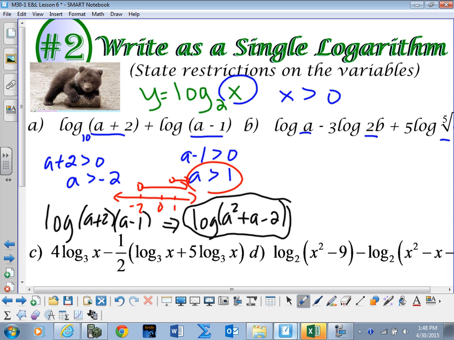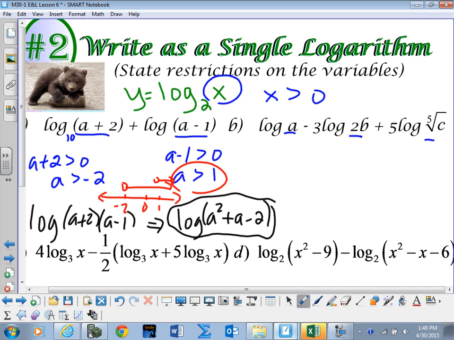Now let's look at the restriction in this example. I have a, 2b, and 5th root of c. None of these can be negative, so they're all greater than 0, and they're all different. So I would just write a is greater than 0. That's it. That's the restriction. Now, running out of space here to combine these, I would do subtraction here.